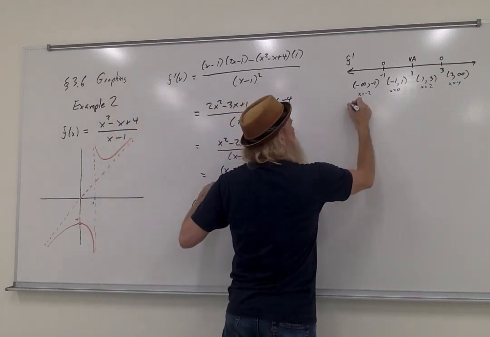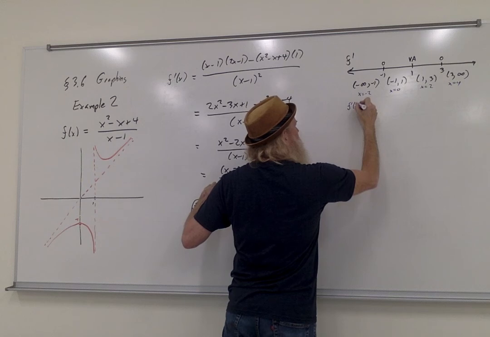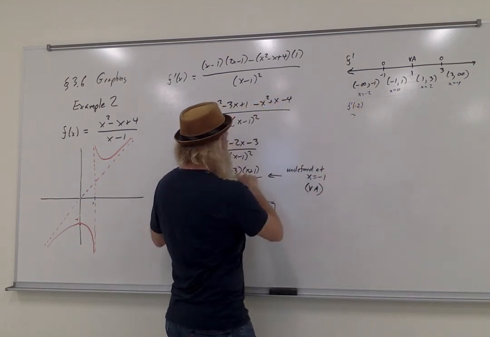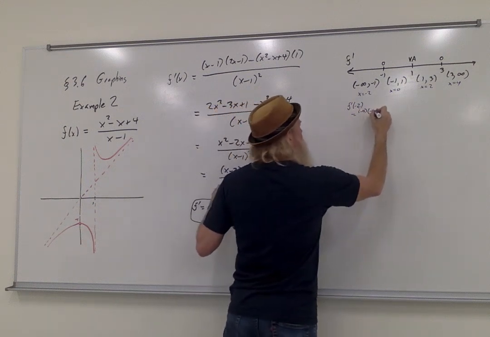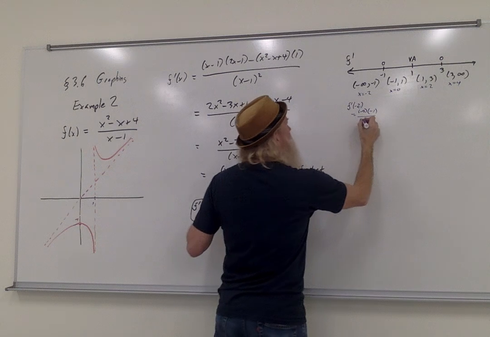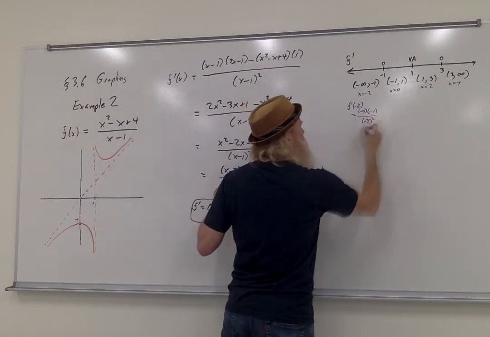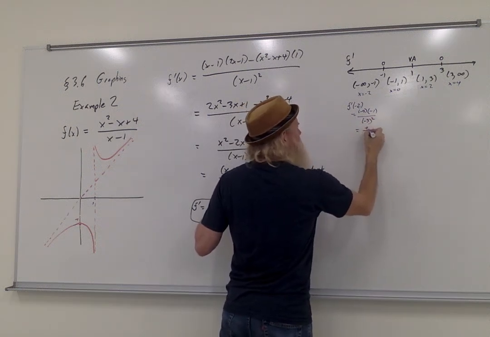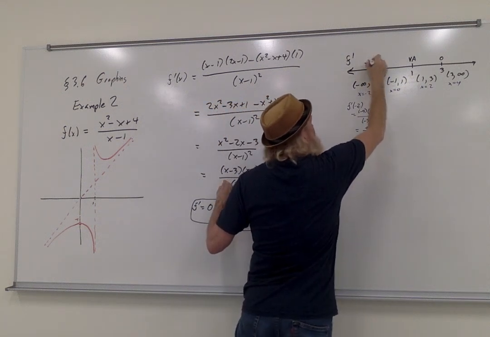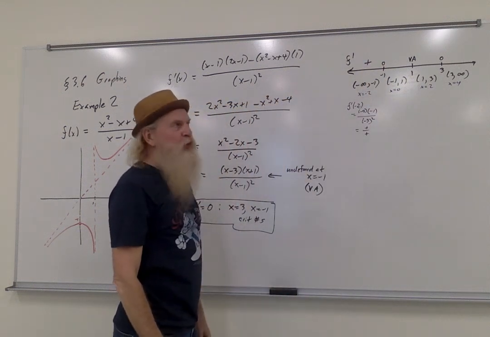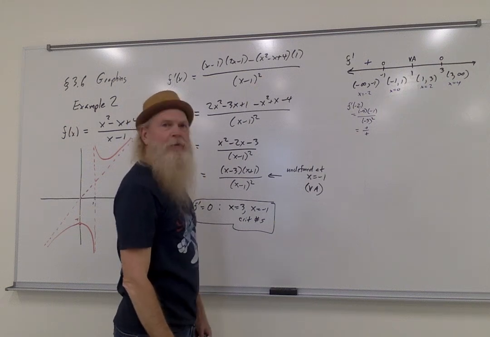So for example, if I take f prime of negative 2, that's going to give me negative 5 times negative 1 over negative 3 squared, which is a positive number over a positive number. So I get the first derivative is positive on that interval.